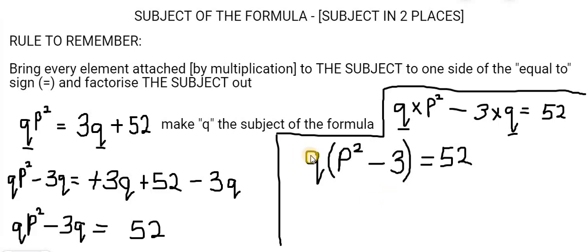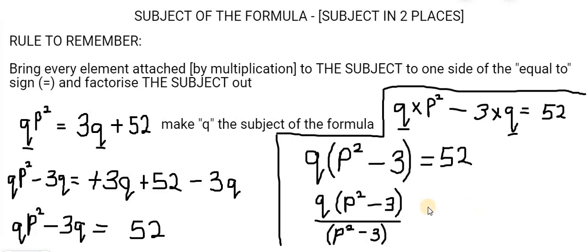Now, since Q is outside the bracket, there's only one Q now instead of Q in two places. So what we then do is divide the left by P squared minus 3 to get it away from the one Q. Now, because I've done that to the left, I've got to do that to the right.